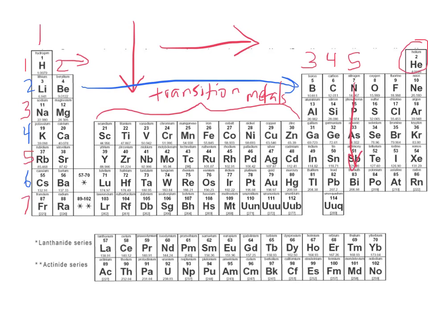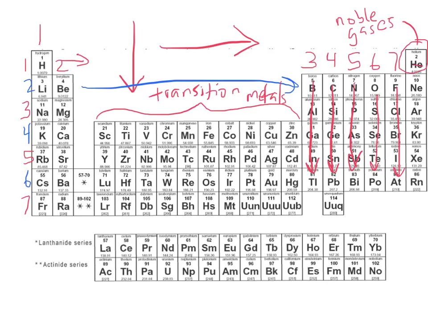I'm naming the top element, and so oxygen, the whole group here, has 6 electrons in the outer shell, and fluorine, chlorine, bromine, and so on have 7 electrons in the outer shell. And these here are called the noble gases, and they have a full outer energy level. So helium has 2 electrons in its first shell, and it's full.